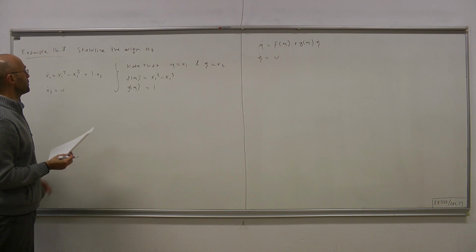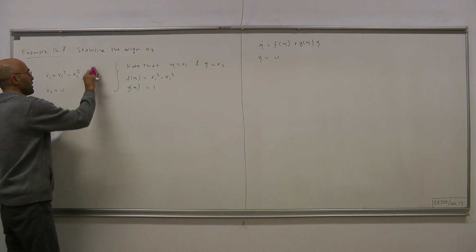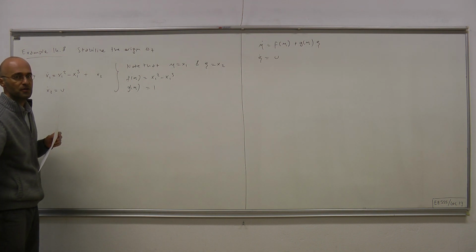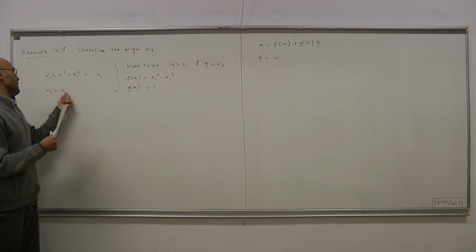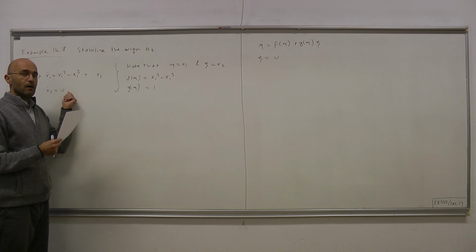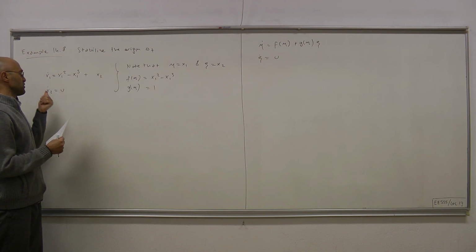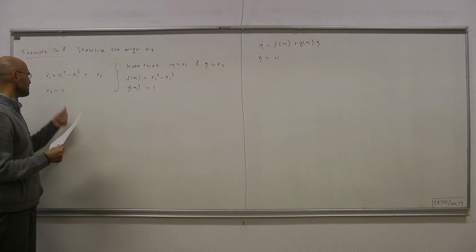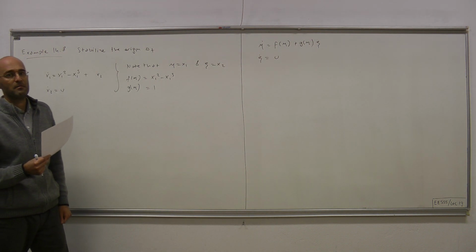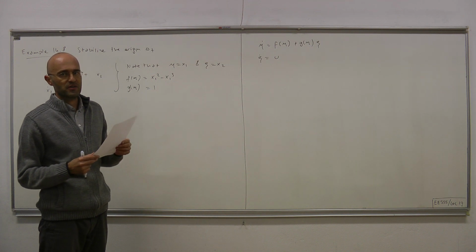So what we're going to do now is try to stabilize the origin of the system x1, x2 by choosing a proper feedback law u. It will be a function of x1 and x2, and we're going to design it using backstepping.